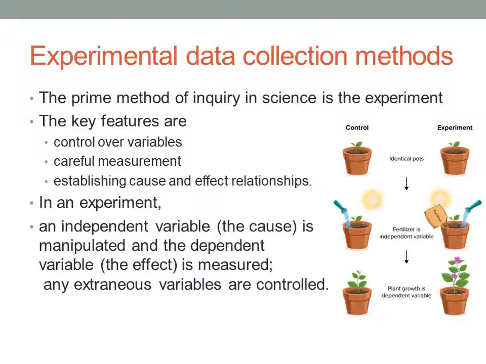Now in the case of any extraneous variables, what you do is you control them. Now here you have two parts. One is the control part and one is the experimental. Now if you want to check the effect of fertilizer, you provide all the other factors like water, sunshine, the size of the pot, soil, all identical.